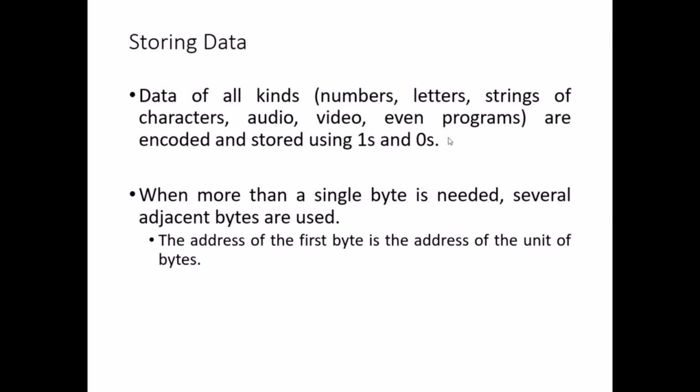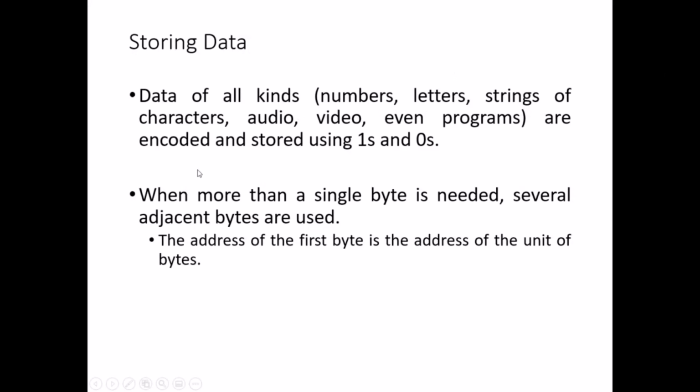For example, if you are working on Photoshop, Photoshop saves and loads the picture in binary, 1 and 0. So it reads the picture, converts it into 1s and 0s, and saves them in a file. And once you load the picture, it reads this file as 1s and 0s and shows it on the screen for you.